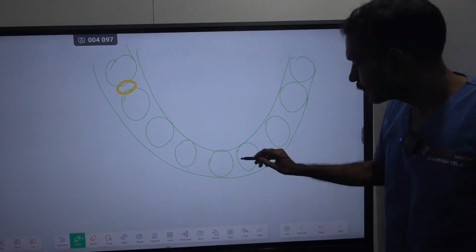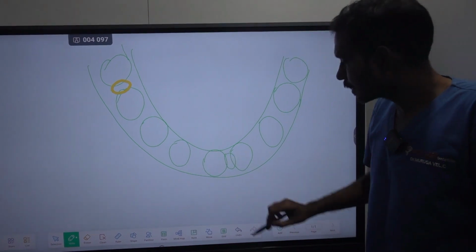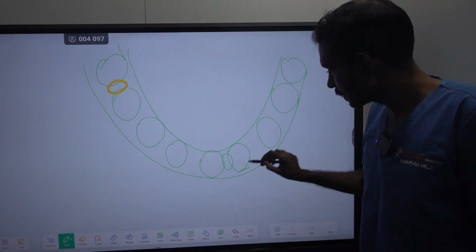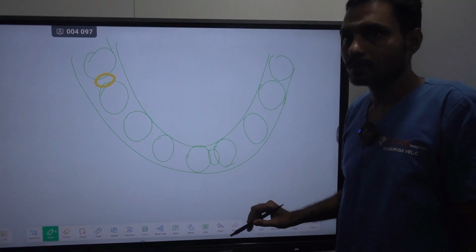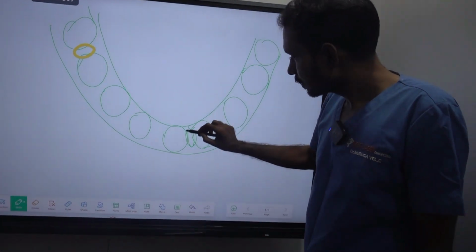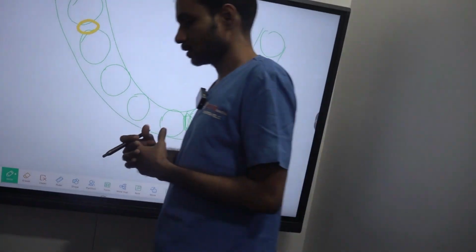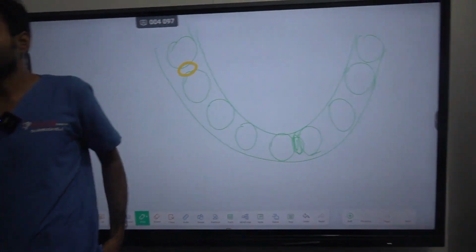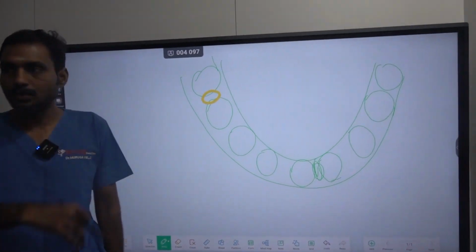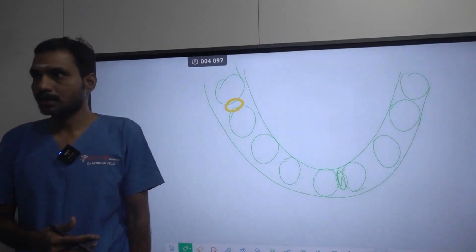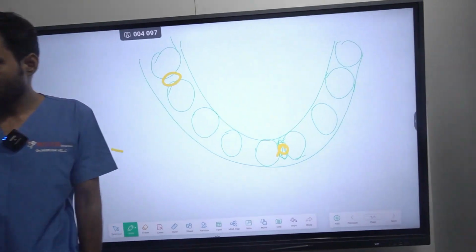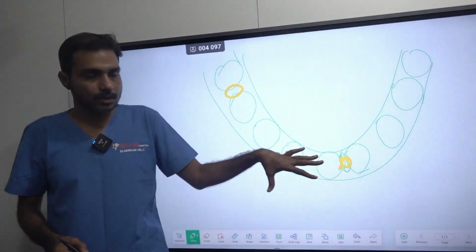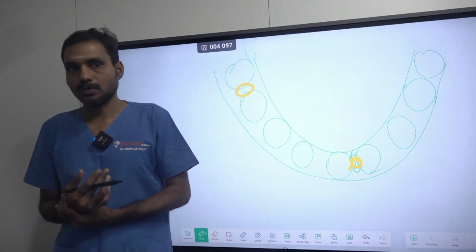How will it get blood supply? From here there is no way. Right? So this bone gets less blood supply. It starts to resorb. There is no nutrition. Okay, infection settles in. The patient is having pain. So you can imagine this situation in partial cases also.